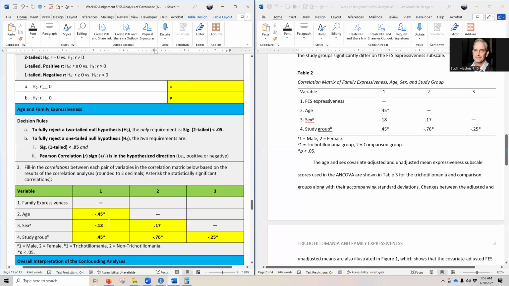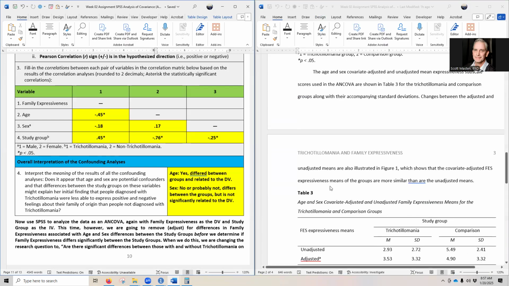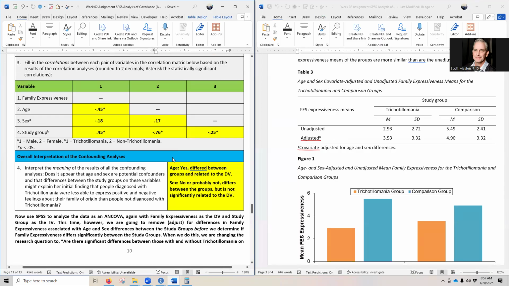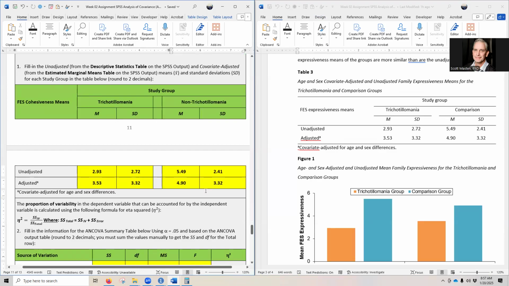You did those down here, so you will have to change them. At least one of them is different. I'm sorry, this is the answer key, so you will have to match these. They're slightly different from the ones that are in the APA template. And then your adjusted and unadjusted means were right here. So you fill those in.